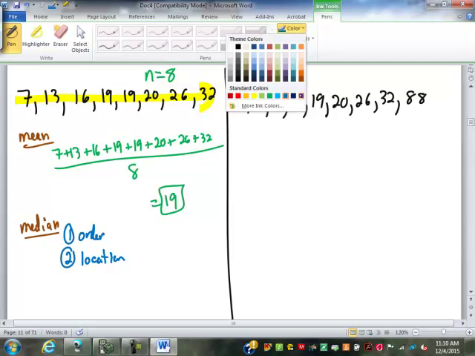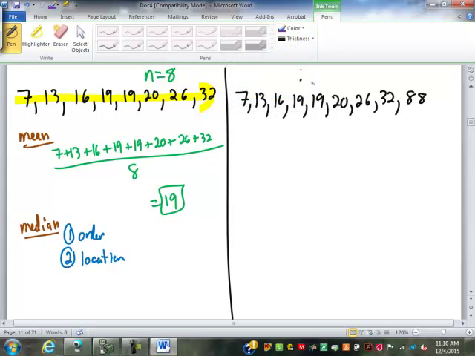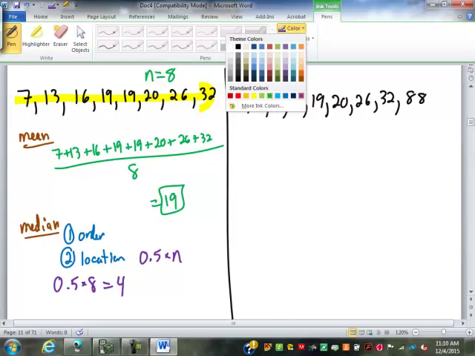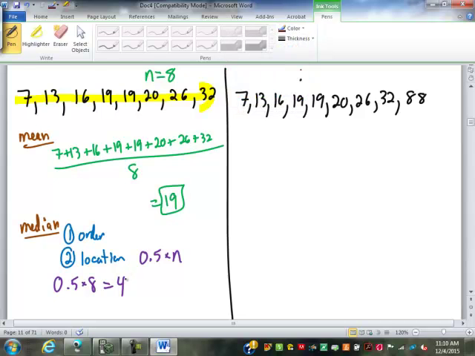The location of the median, since the median is in the middle or halfway through the list, it is 1/2 or 0.5 times n. So for this set here, 0.5 times 8 or 4. Now that doesn't mean the fourth number is the median, but we're going to use 4 for the location.